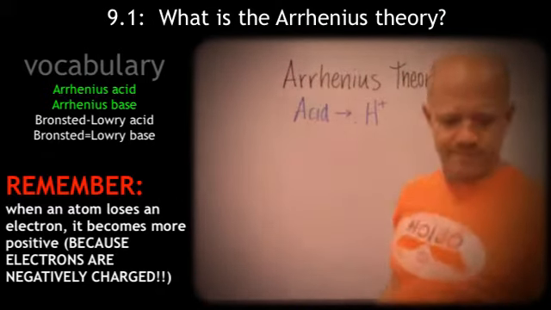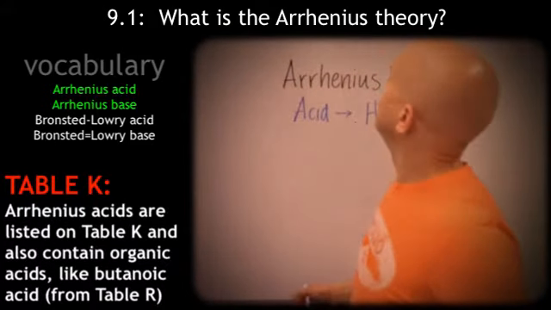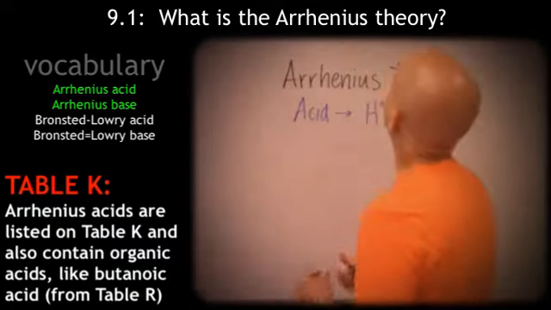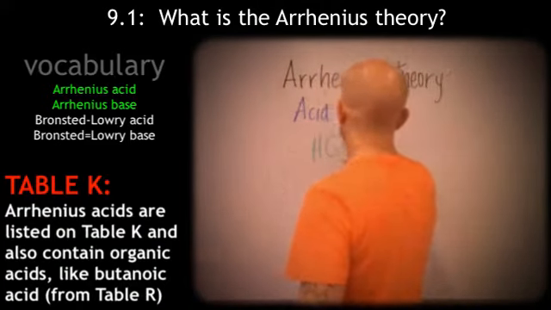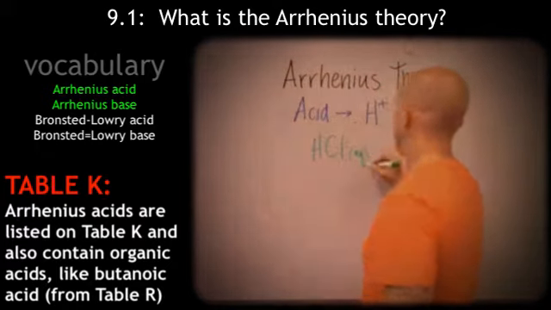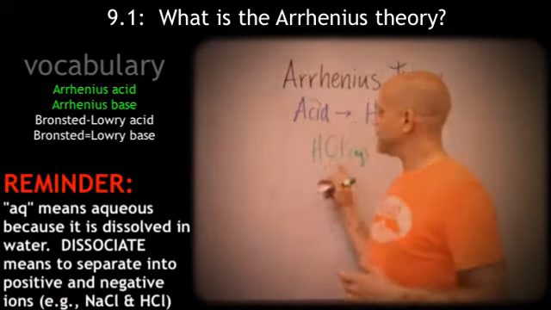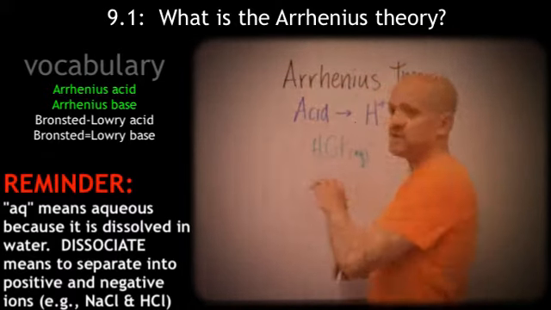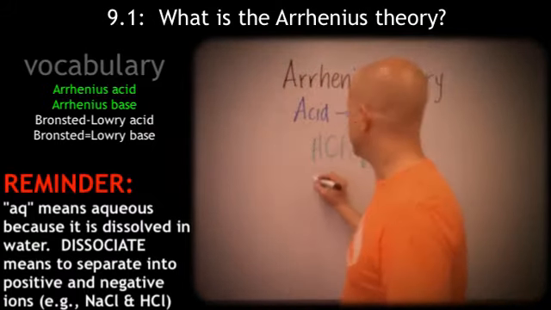What does that mean? When we look at table K, you're going to see acids like hydrochloric acid, nitric acid, and sulfuric acid. So HCl, and it has to be written as aq because it's going to dissociate. These are all electrolytes. They will conduct electricity, but they will also dissociate, meaning they'll split up into their ions.